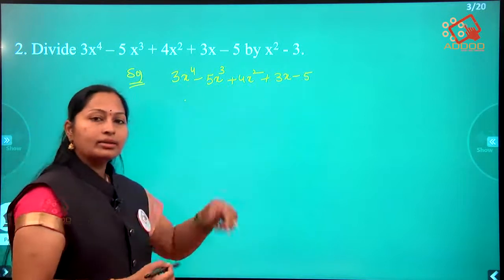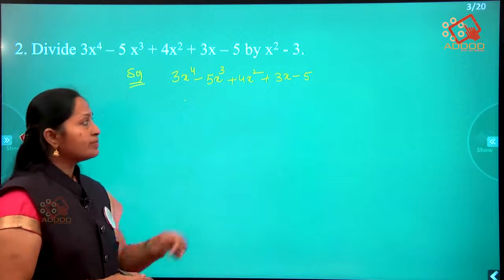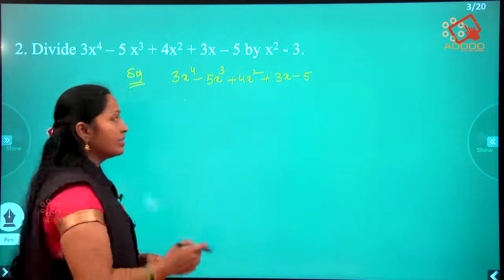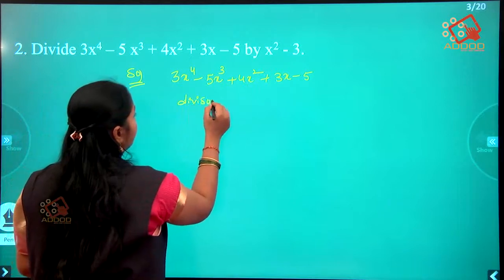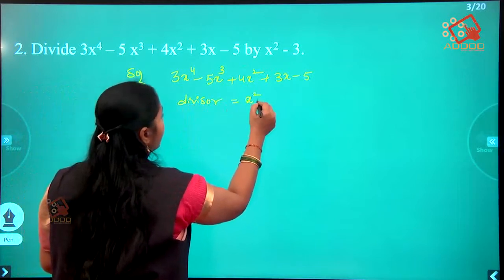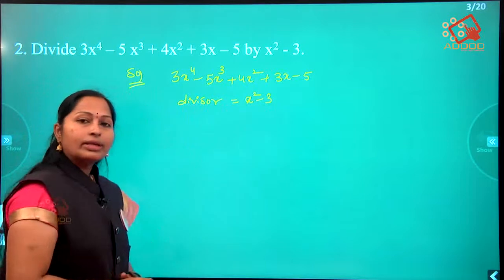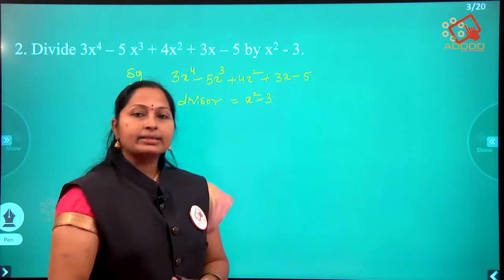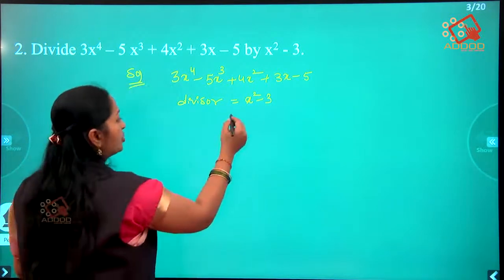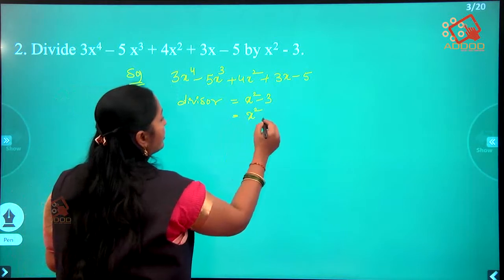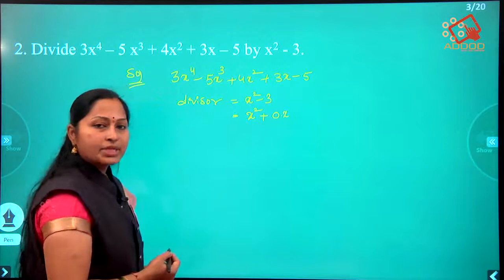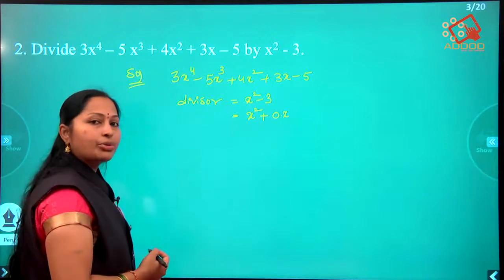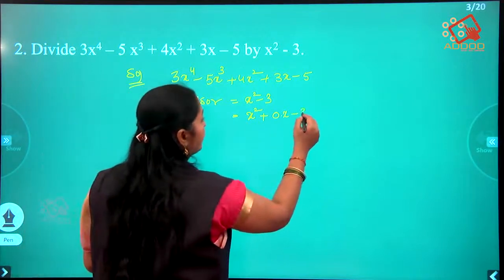Actually it is in the standard form only, but when you observe, the divisor is x square minus 3. This is not in the standard form. First make it in the standard form. So how to write? x square plus 0 into x, 0 into any number becomes 0, that's what we are taking, 0 into x minus 3.